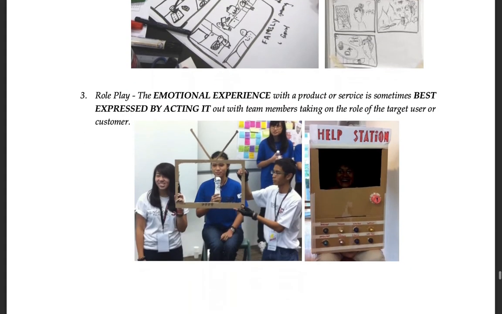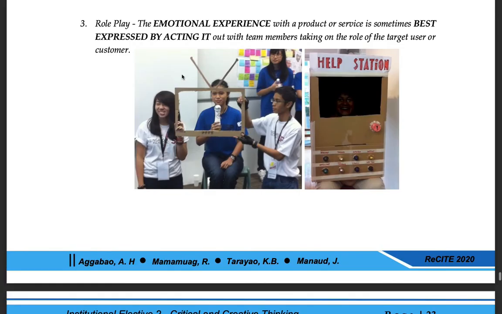Next, number 3. Role play. The emotional experience with a product or service is sometimes best expressed by acting it out, with team members taking on the role of the target user or customer. Say for example, the prototype here is a help station. They would like to create a help station.